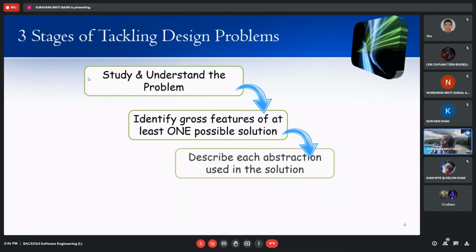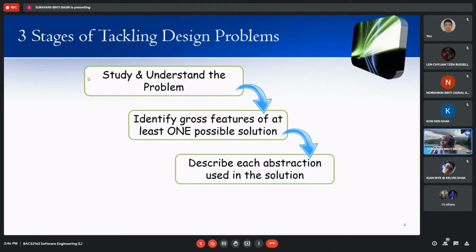The third stage is to describe each abstraction used in the solutions. Later, during the design, you will have to do a lot of abstractions or diagrams, and for each diagram you need to describe how it can solve the problem requested in the SRS.